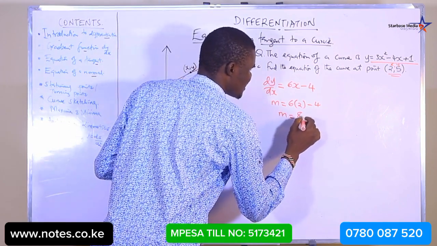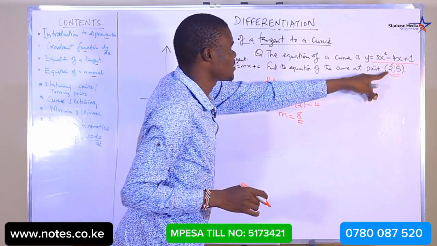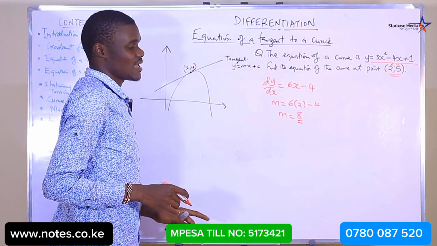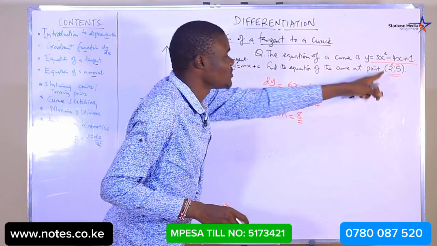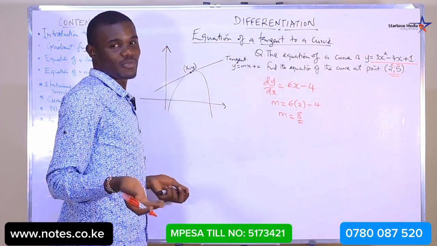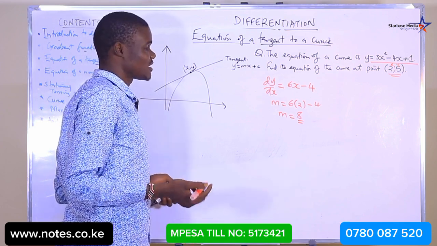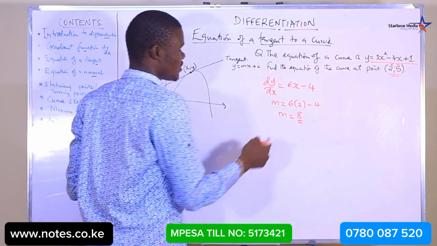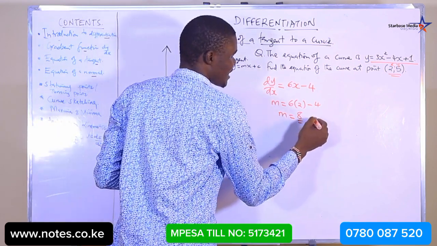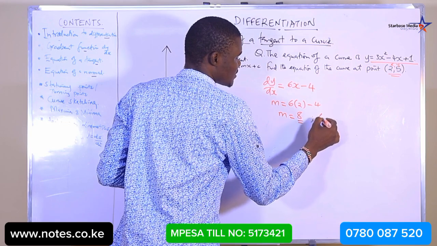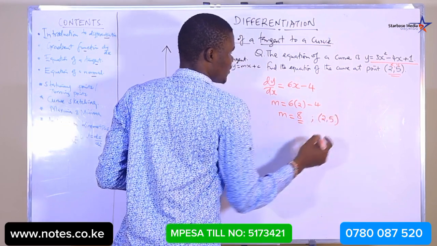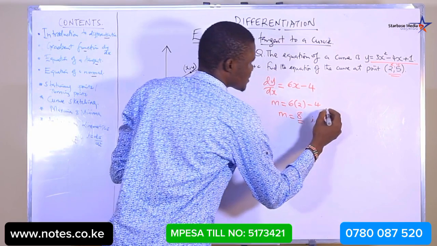So when you have the gradient as 8 at this particular point, and you have the point, you simply form the equation. And I've left a video in the description if you don't understand how to form an equation when you have a gradient and a point on the line. That is (2, 5), which you simply label x, y.